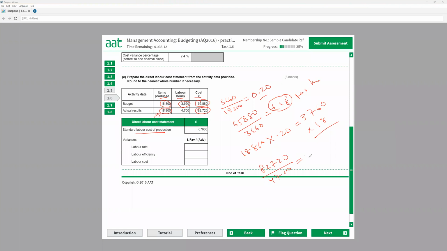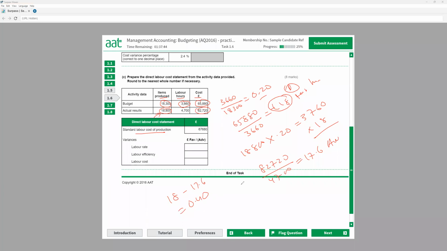So 17.6 is the actual. The budget is 18. Actually, I can see I have saved some per hour. So I've saved 18 minus 17.6. So 40 pence per hour I have saved, the rate variance.